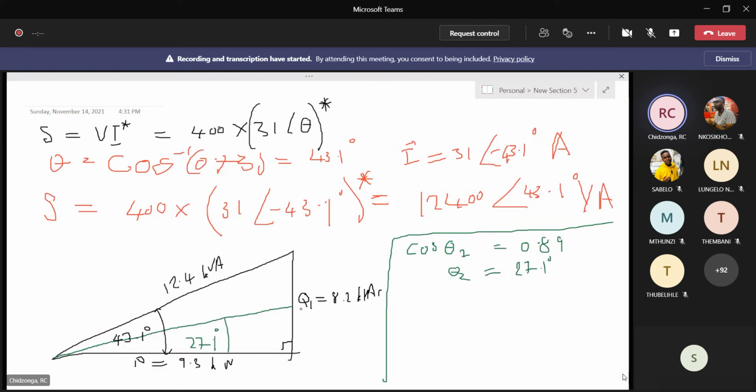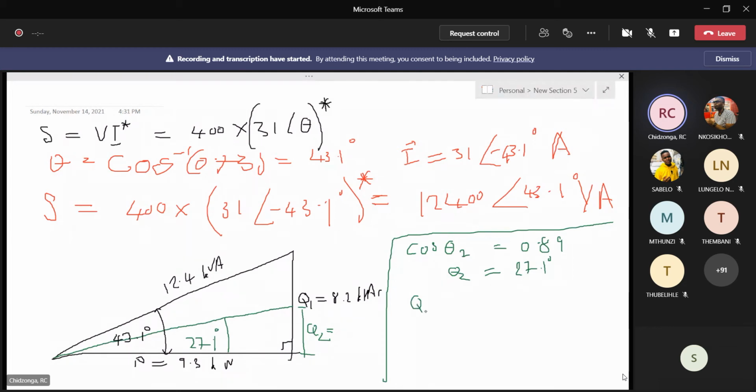So what is going to be the new Q2? Q2 divided by 9.3 will give us the tangent of 27.1.